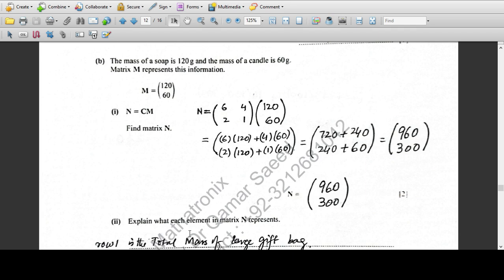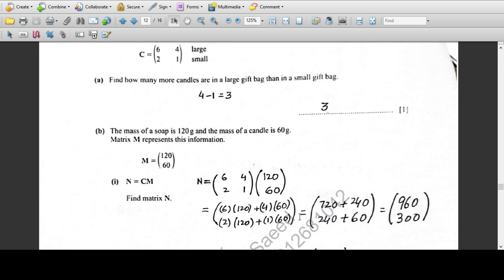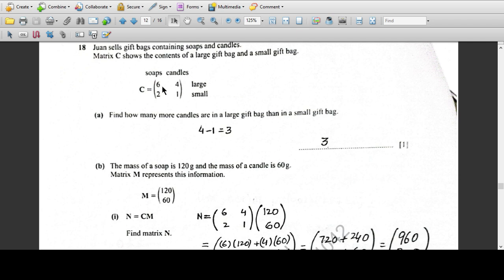Explain what each element in matrix N represents. This is the total mass of the large gift bag, because 6 is multiplied by the mass of soap and 4 is multiplied by the mass of candle.